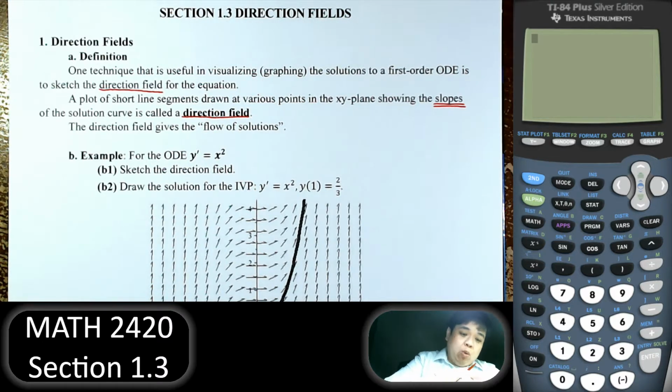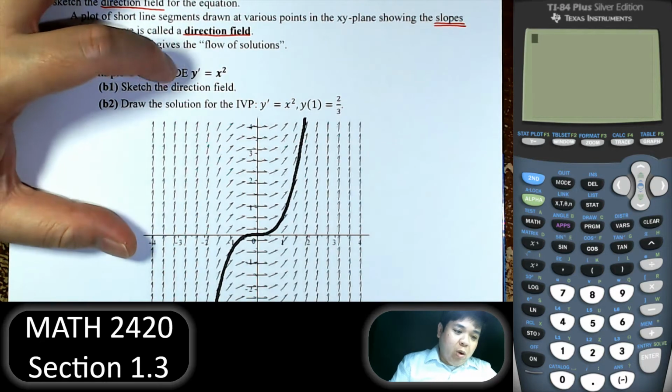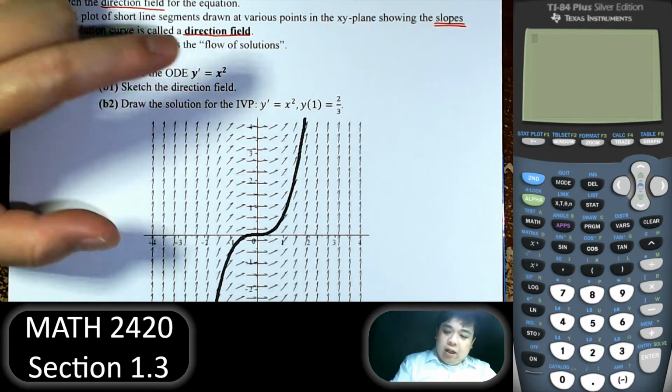And then when we plot enough of those little slopes, we can see what the solution might look like. It's kind of difficult, we have to draw a lot of different slopes in order to see the solution. Right, let's see how it works. Consider the equation y prime equal to x squared.